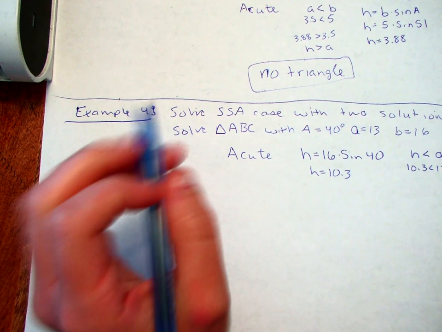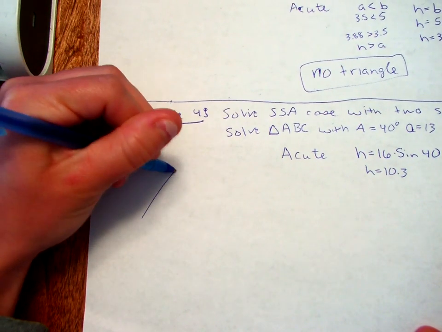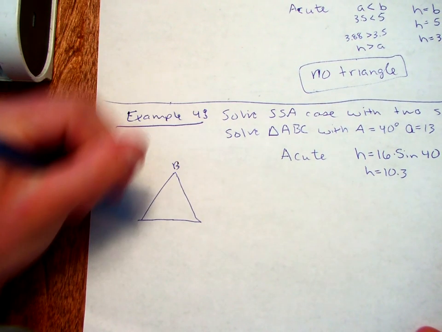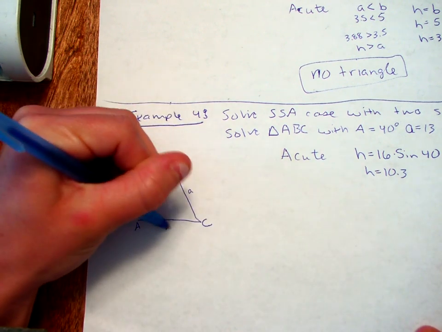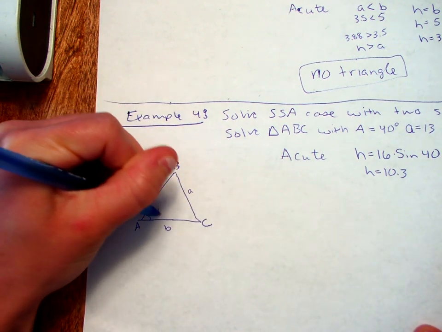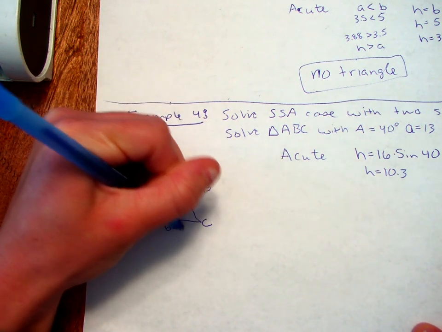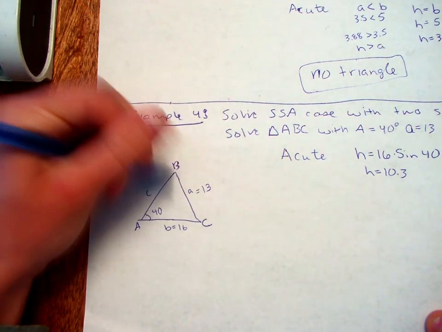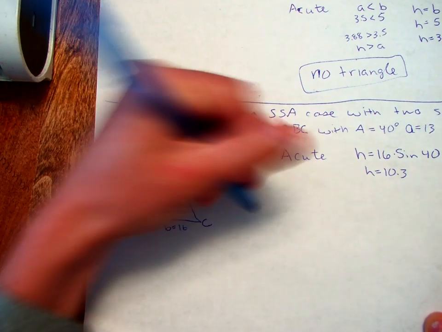Okay, so now we not only need to solve through one triangle, but we have to solve through two triangles. So keep that in mind. I'm going to draw the first one over here, and we're going to work our way through that. So we know that A is 40, side A is 13, side B is 16. Again, we're looking for sine of B first because that's what we don't have.